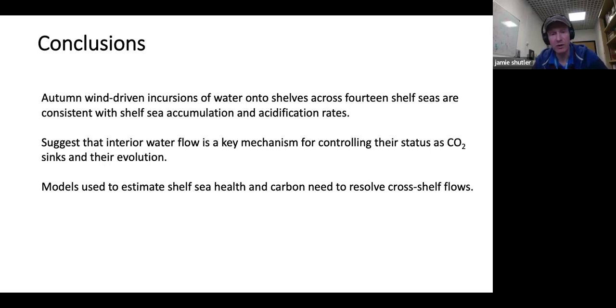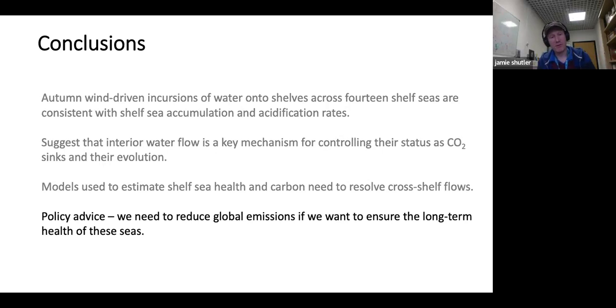And it also suggests that if you want to use a model to estimate the ocean health in the shelf sea, but also its likely evolution through time, they really need to consider resolving these cross-shelf flows. Otherwise, this signal, this process would be completely missed.